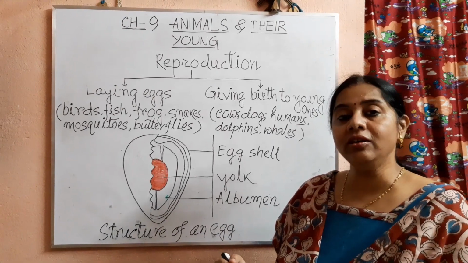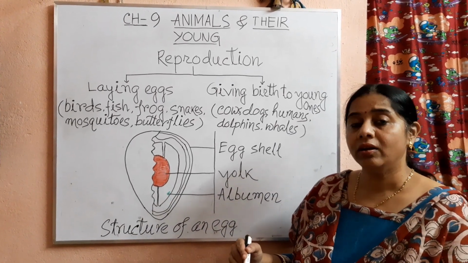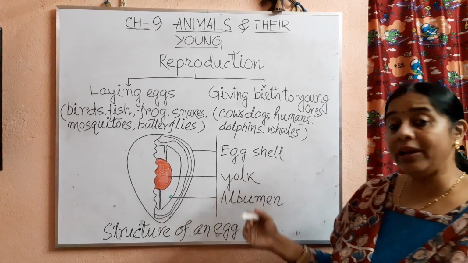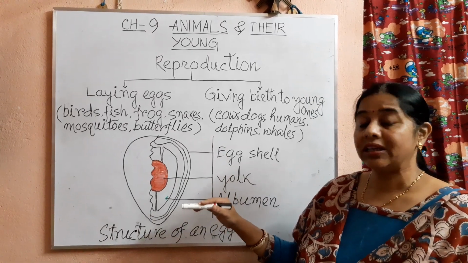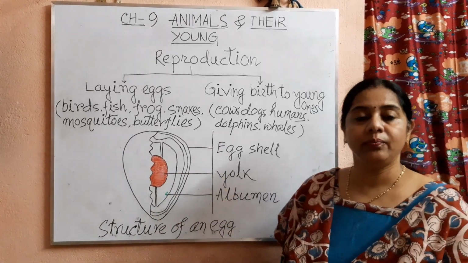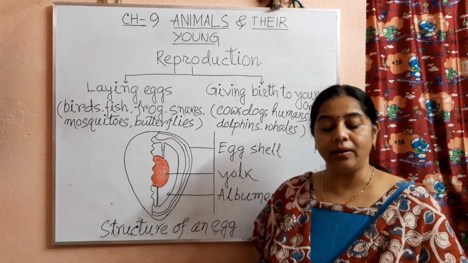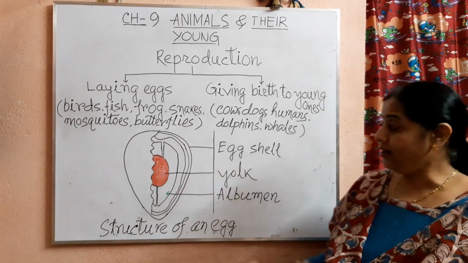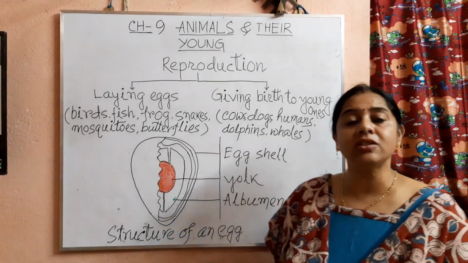It is rich in fats, vitamins and minerals. Children, the embryo which is present inside the egg collects its food from the yolk before it hatches into an adult one. So children, this is the structure of an egg or different parts of an egg.